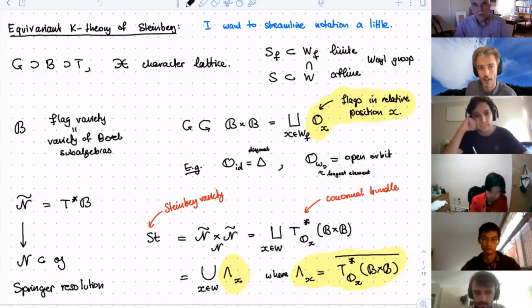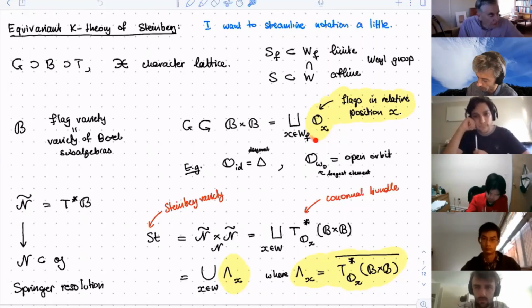So B has finitely many orbits on the flag variety, script B, mathcal B, and G has finitely many orbits on the product of B with itself. And I want to denote the orbit corresponding to X by O_X.